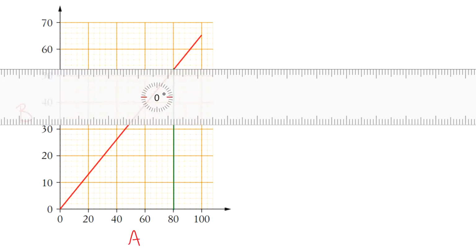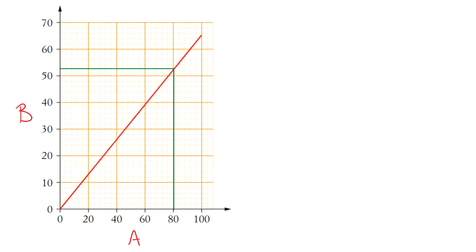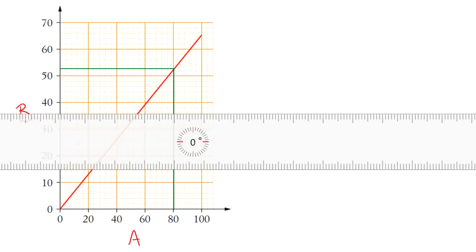So I line that up, I draw my line going across, and then I can say that $80 of currency A is equivalent to approximately $53 in currency B.